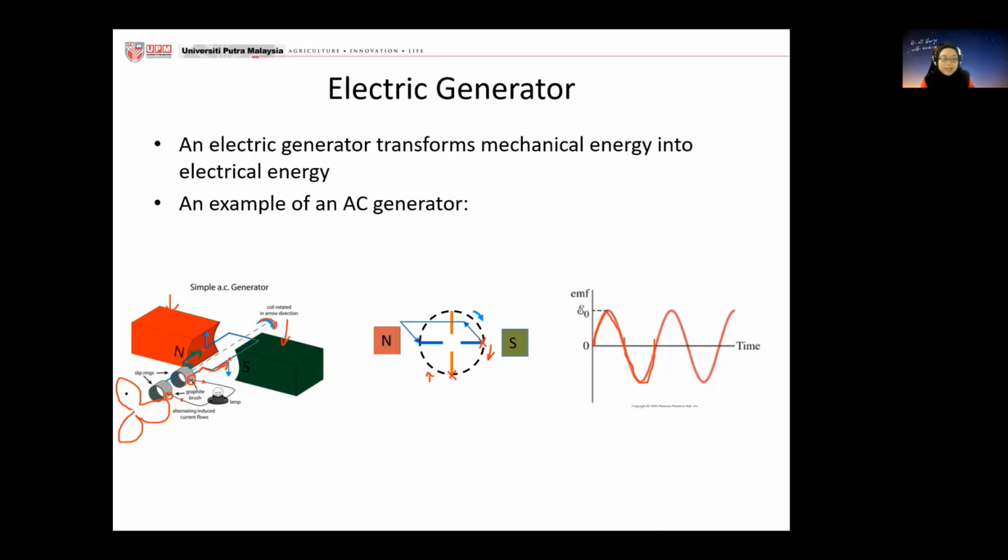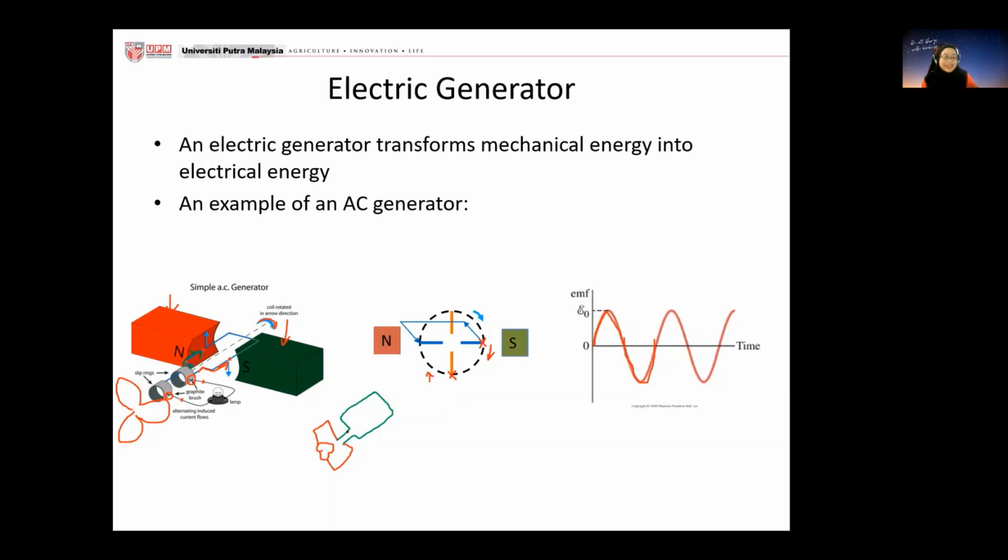If you think of this as an actual setup, you have your loop like that, and that is then connected to your circuit. So you have your lamp there.